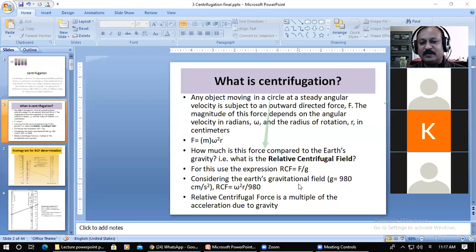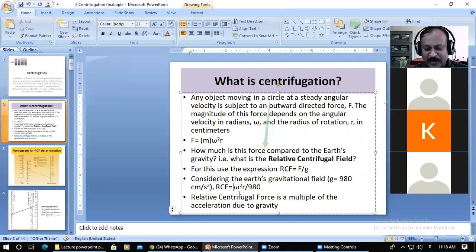If we have g, small g, equal to 980 centimeter per second square, the gravitational acceleration, then RCF is mass into omega square r, which is the centrifugal force, divided by 980, the Earth's gravitational field. In short, relative centrifugal force is a multiple of the acceleration due to gravity.